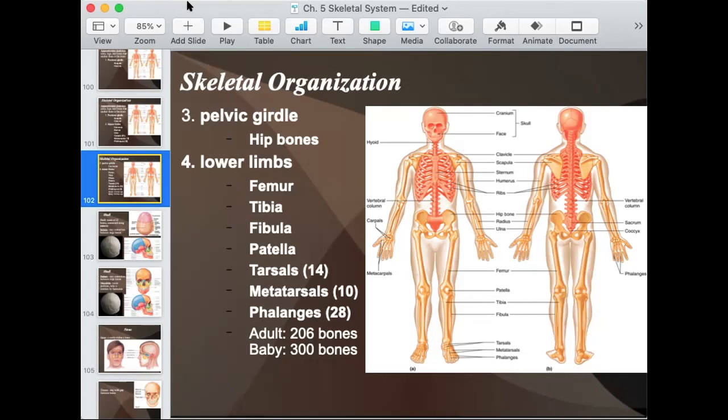They're going to be the same skeleton worksheets because we're going to do different things with them.